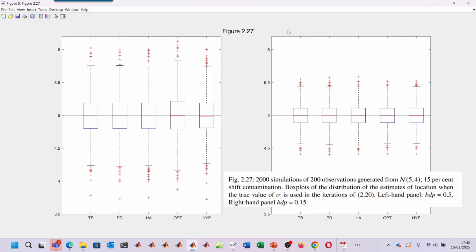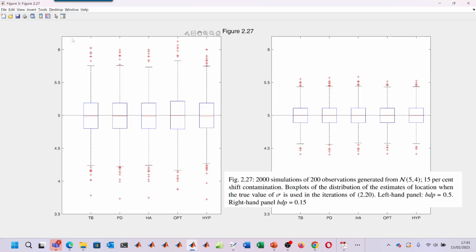In the left panel, we use a breakdown point of 0.5. On the other hand, in the right panel, we use a breakdown point of 0.15. As you can see, the variability of the estimates when the breakdown point is smaller is much more reduced.